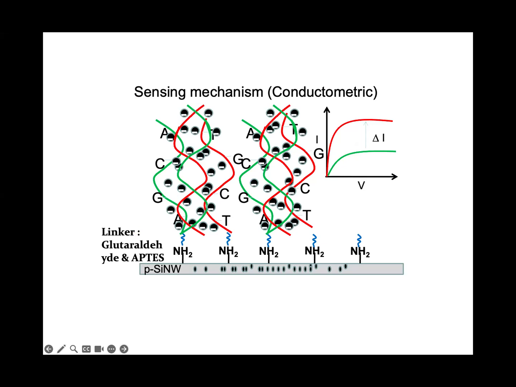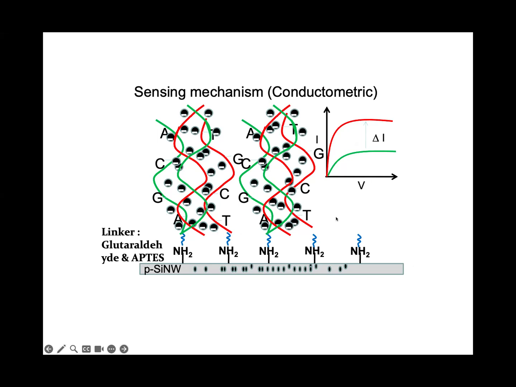If the target matches 100%, we are talking about a positive match, confirming that whatever the bacteria or the virus is, it matches the DNA probe on top of the electrode. And we have talked about the linker chemistry, how to link the DNA probe before, right? So we have done this.